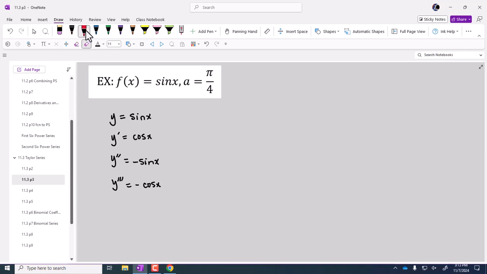Then we evaluate each of the derivatives at the center. The center of this power series is pi over 4. Sine of pi over 4 is root 2 over 2. Cosine of pi over 4, same thing.